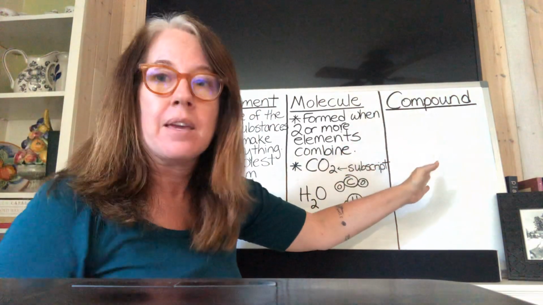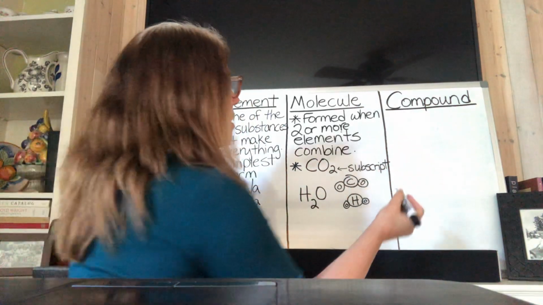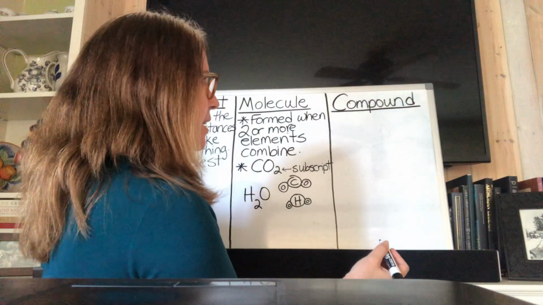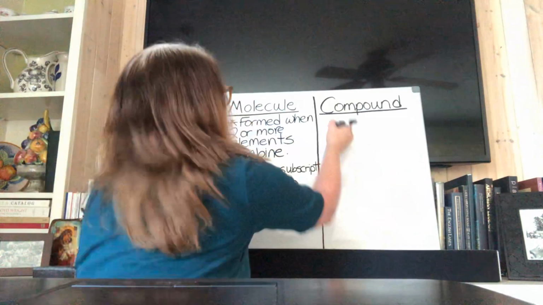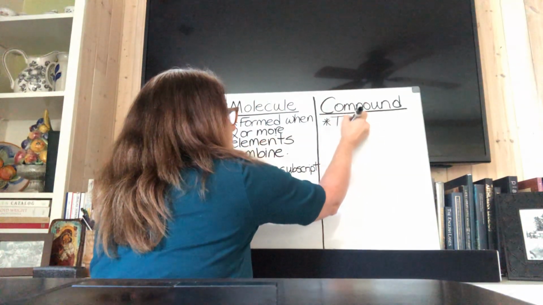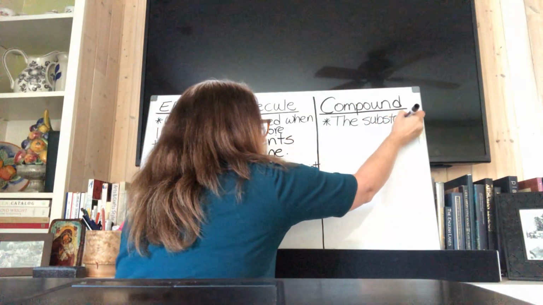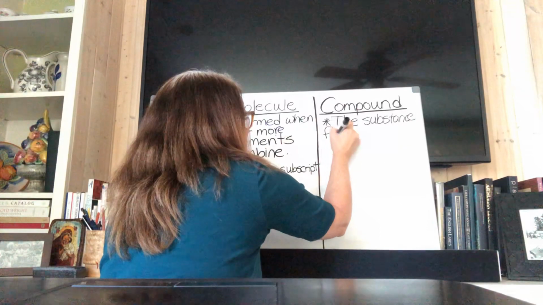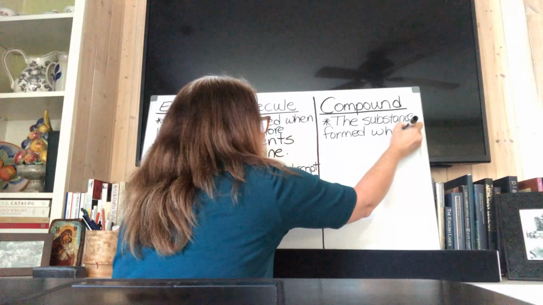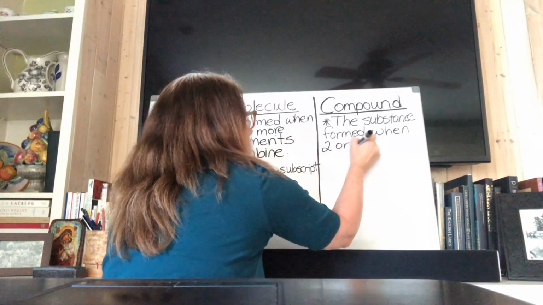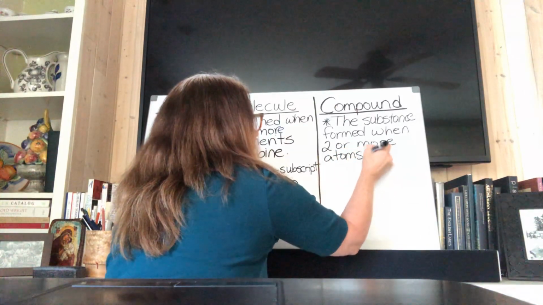Now, the thing that those molecules make are called compounds. So a compound, and I'm going to move my board over here so I don't have to move my whole self. So a compound is basically the substance formed when 2 or more atoms combine.